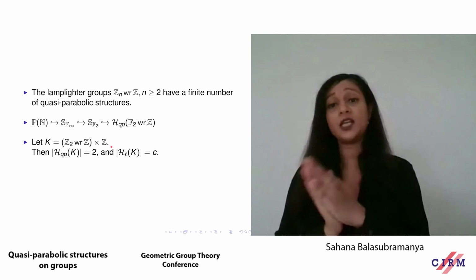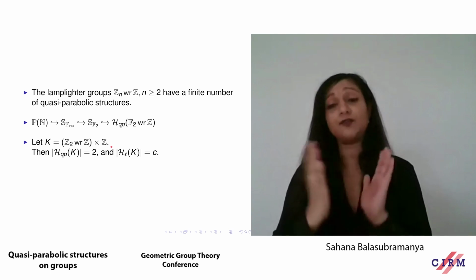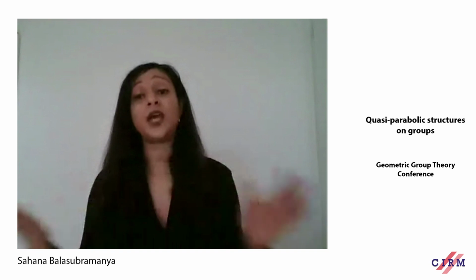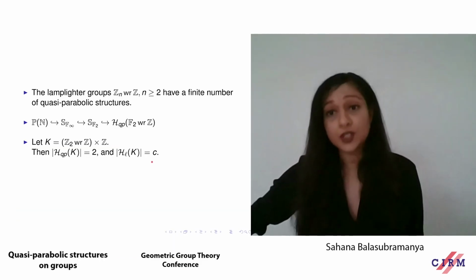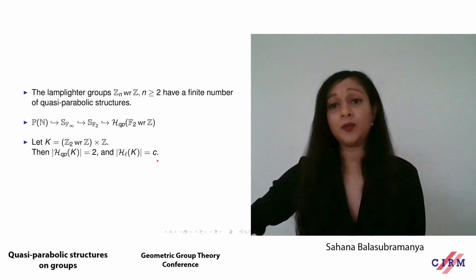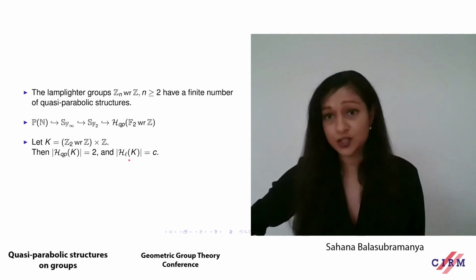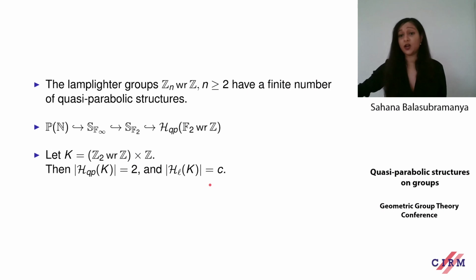And if I do this for lines of different slope, I get very different, in fact incomparable, lineal actions. And because you have a continuum worth of slopes that you can choose, you get uncountably many incomparable lineal actions. And that's why this is cardinality continuum. So not only is the cardinality of the lineal actions strictly greater, this is as different as it can get.